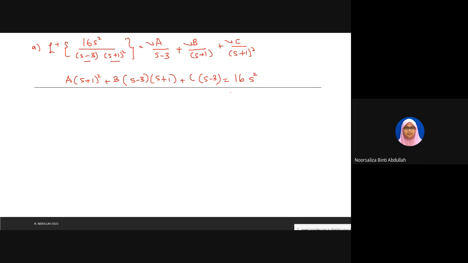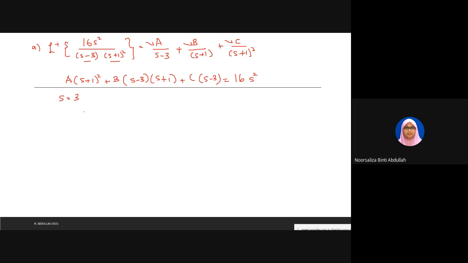Okay. So, kalau kita nak dapatkan A, okay, let's say S equals to 3. If S equals to 3, okay, you can get A. Why? Because C equals to 0, B also equals to 0, right? Because 3 minus 3 is 0 times B 0. 3 minus 3 0, so C 0, B 0.